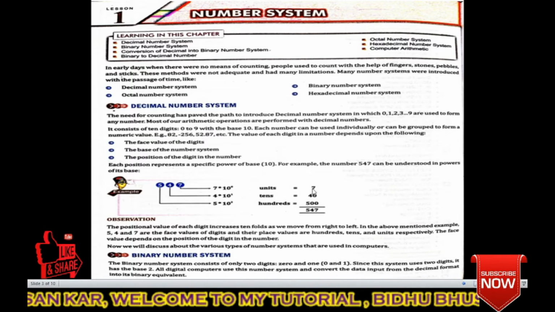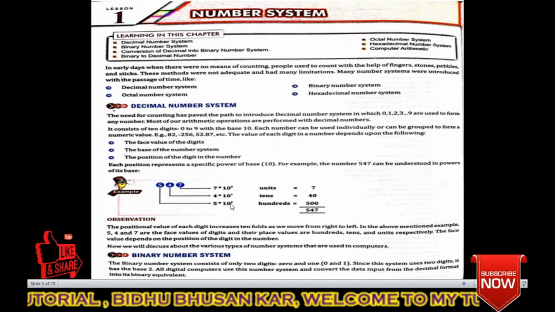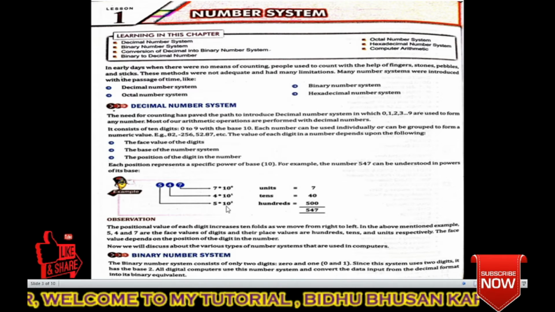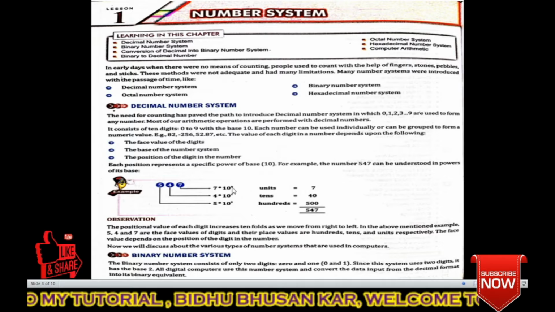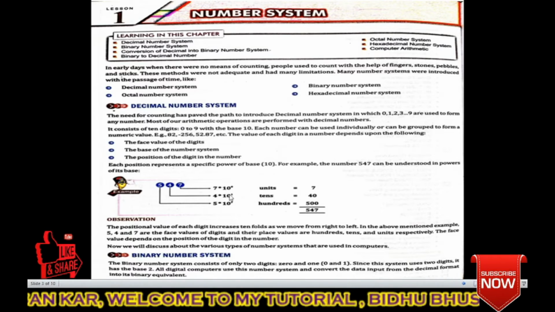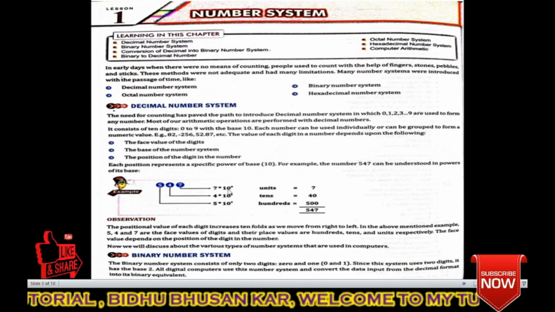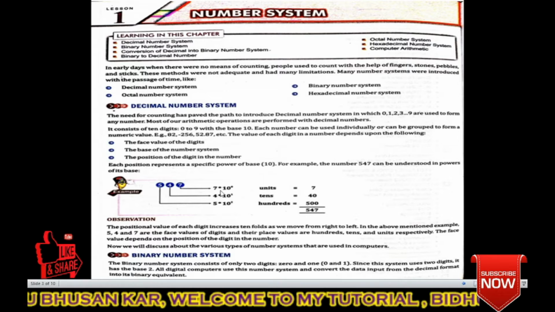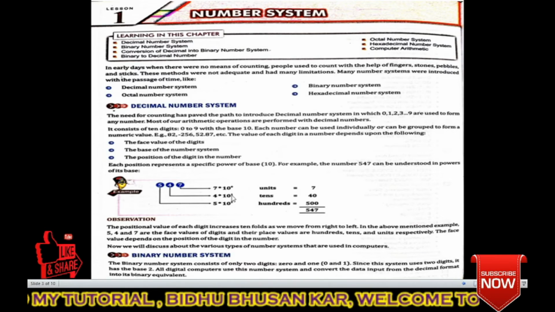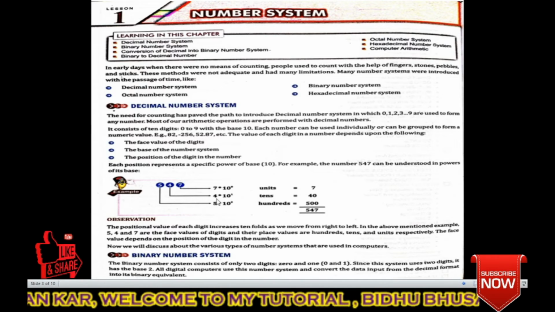You can understand here: 10 into 10. The base is 10 and the power is 2. Here all the bases are 10. These are called power. These are called base. So base 10 power 0, base 10 power 1, base 10 power 2. So 10 to the power 0 means 1, that means 7 into 1 equal to 7. 10 to the power 1 means 10.